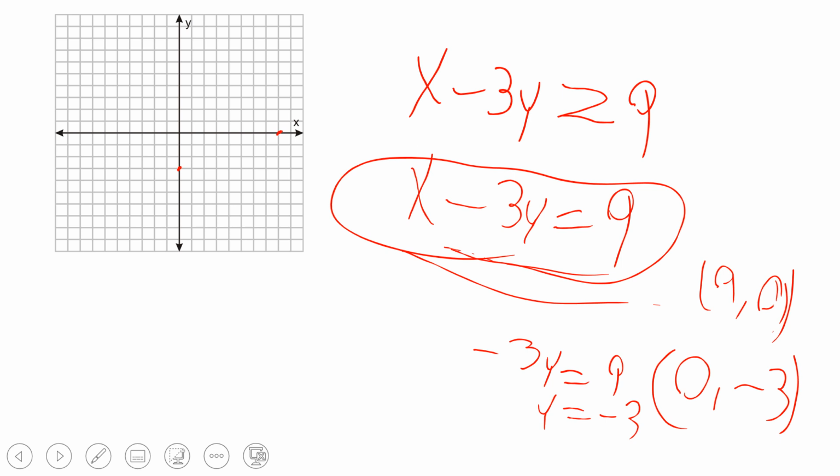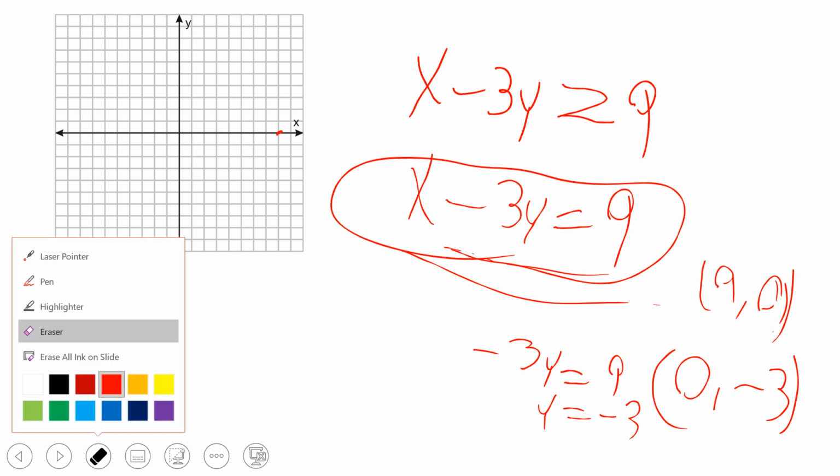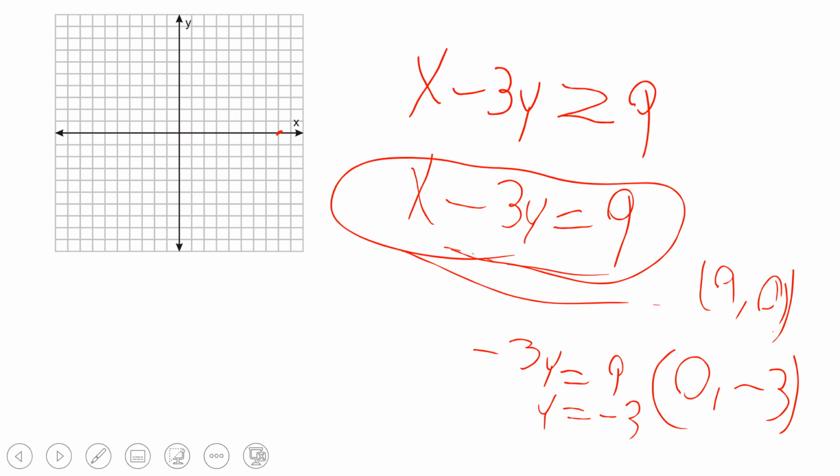Alright, so here I can just draw a line. I'm going to try to draw a straight one, but I'm not the best at drawing lines.